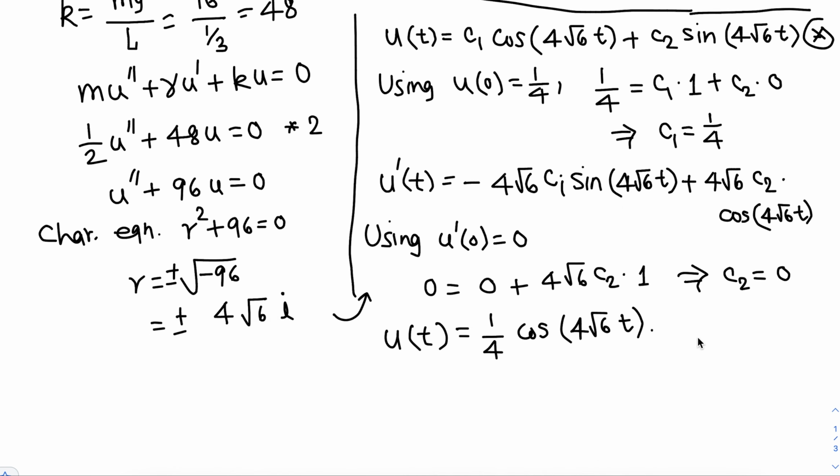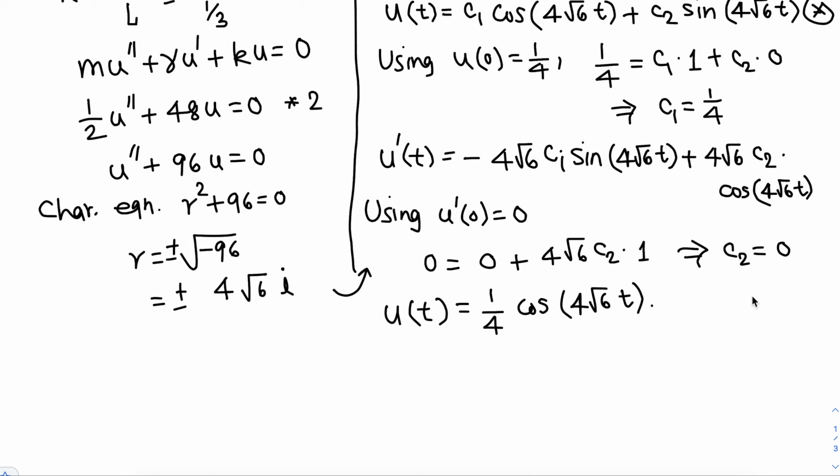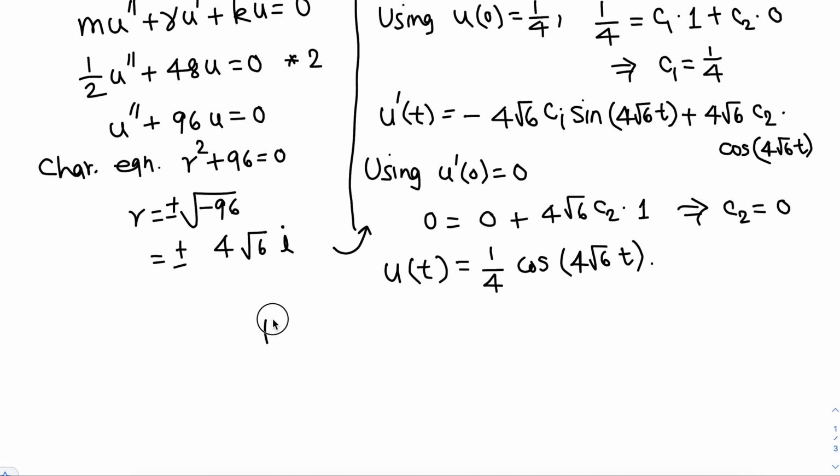For sine cosine, even if we had a sine term, we can think like omega is the number inside, 4√6. That's the natural frequency, omega. So the period, it's a trigonometric period, is just 2 pi over omega. That's just 2 pi over 4√6. You can simplify, 2 goes 2 times, pi over 2√6.